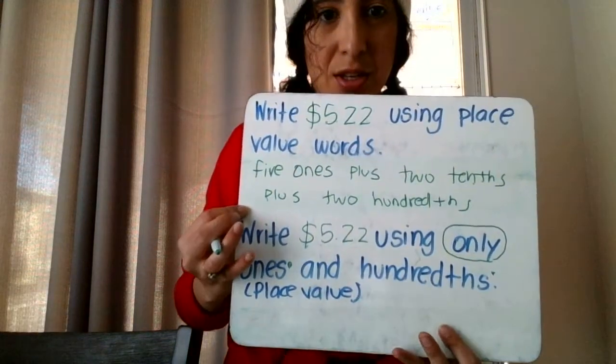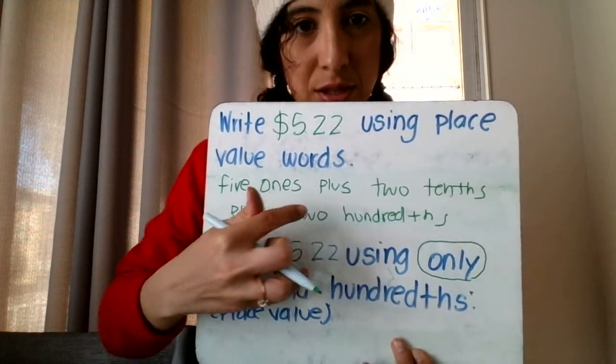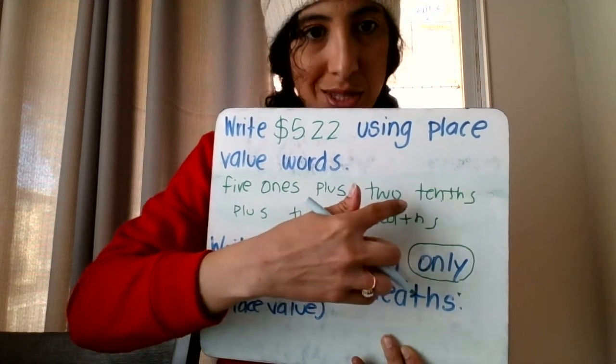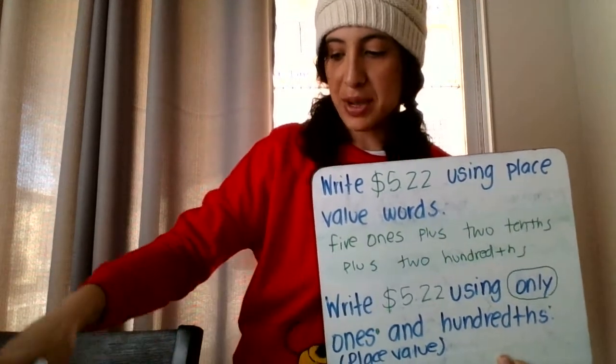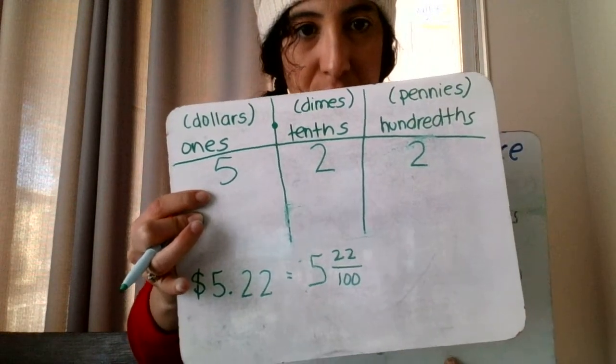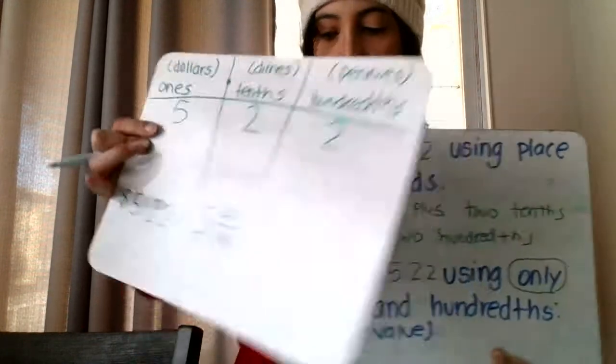Sorry, this is messy. So you have 5 ones plus 2 tenths plus 2 hundredths, which matches our place value chart. We have 5 ones, 2 tenths, and 2 hundredths.